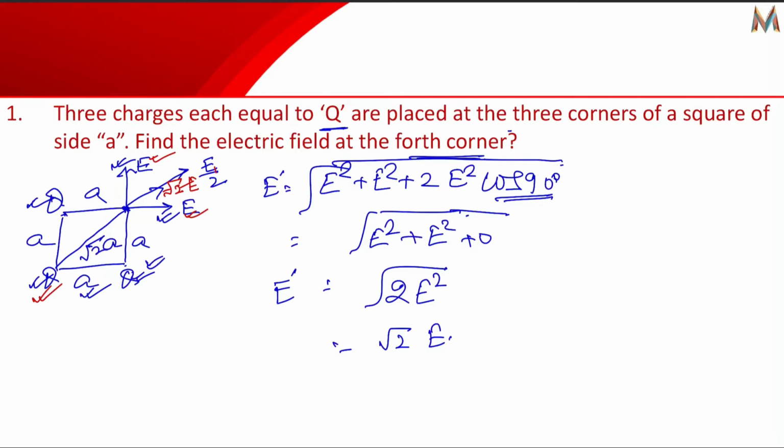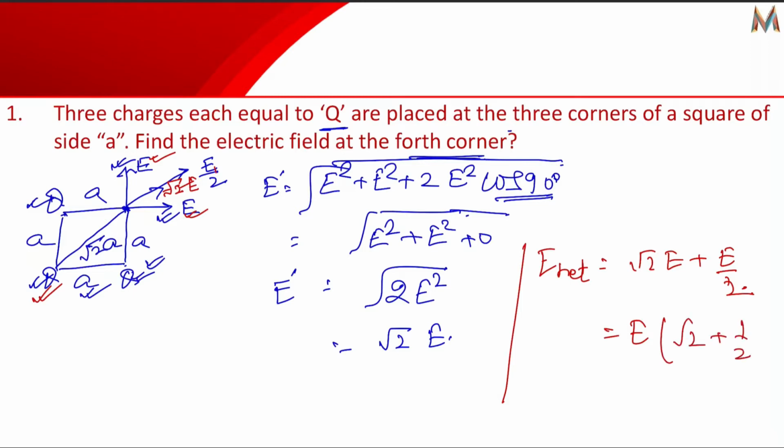So we can write E net equals root 2 E plus E by 2. If we take E common, then we can write E common times root 2 plus 1 by 2.